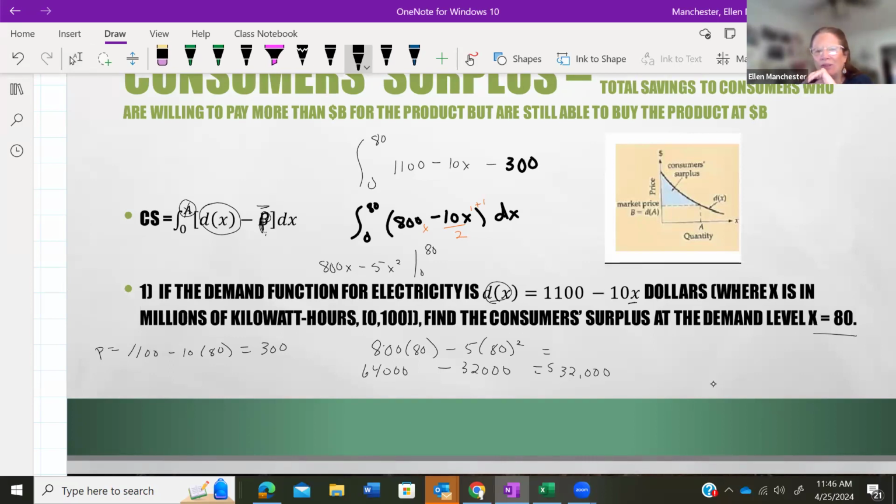So they have saved the consumers $32,000. For an electric company, that's a huge marketing skill to be able to say, look, we love our consumers so much, we've saved you $32,000. And so people are more apt to be loyal to that company. Good. Okay, next one.